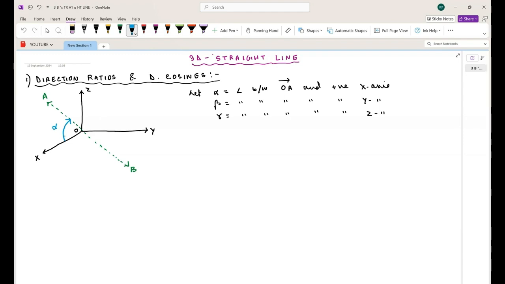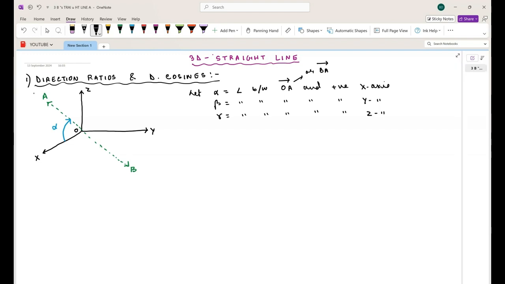So alpha is the angle between the positive x-axis and OA, direction OA, not OB. Okay, OA. Or we could write BA. That is, the direction is towards A.